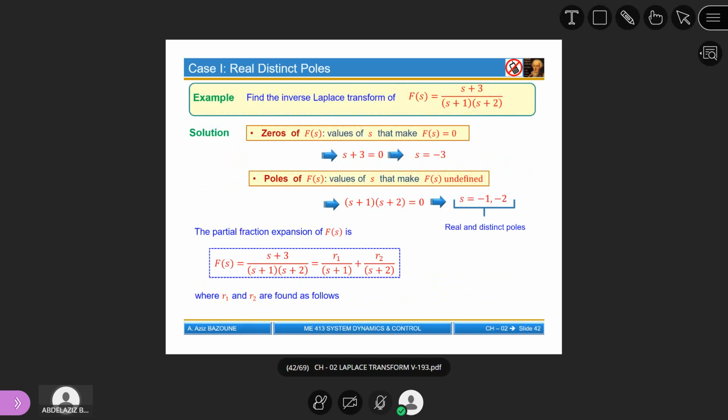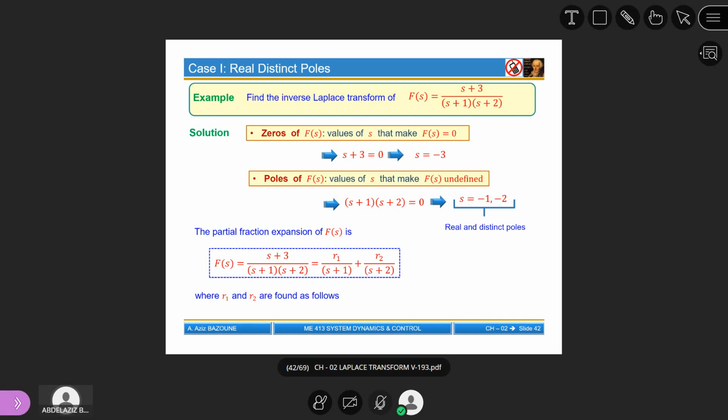Here, they are asking us to find the inverse Laplace transform of F of s equal to s plus 3 over s plus 1 times s plus 2. Now we talk about the zeros of F of s.